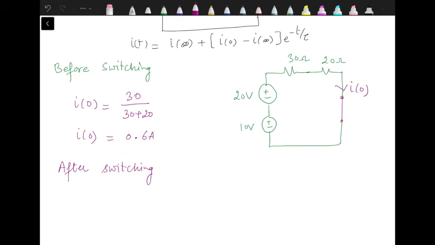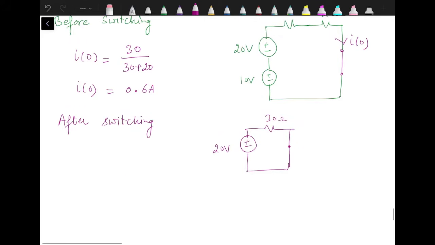Next step is we have to calculate I infinity, which we can calculate from after switching conditions. After switching, 20-volt source, 30 ohm resistance, and here we have switch which is now closed. 10 volt, 20 ohm, inductor.